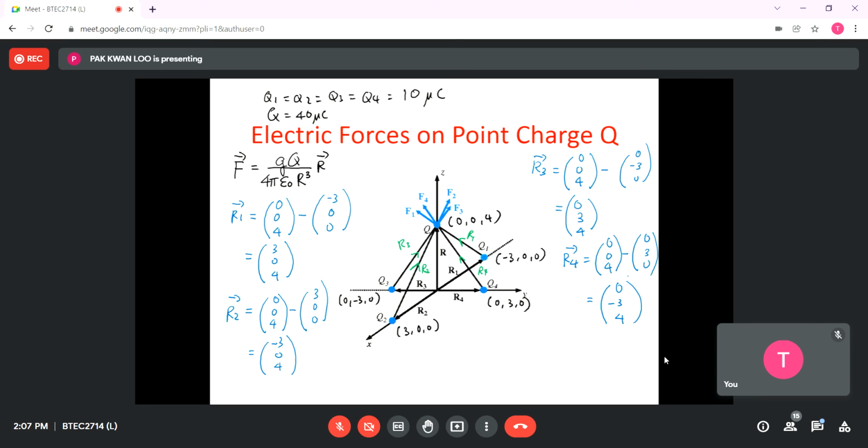Once we obtain all of this, we can see that the magnitude of R1 equals the magnitude of R2, and the magnitude of R3 equals the magnitude of R4, which is the square root of 3 squared plus 4 squared, which is 5.